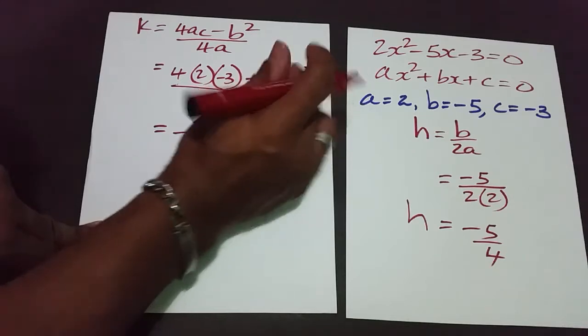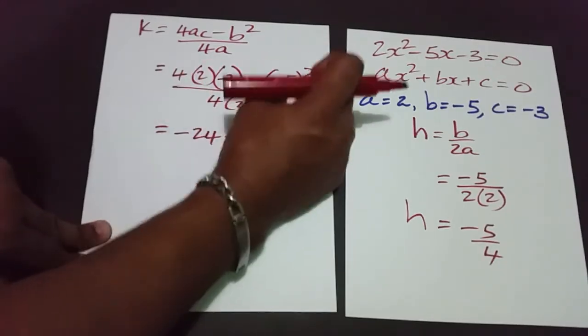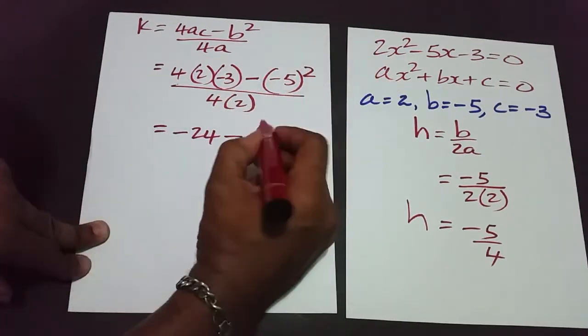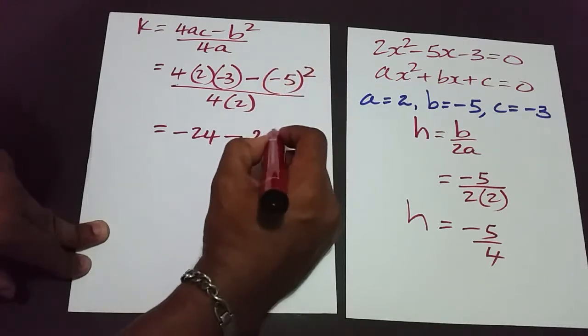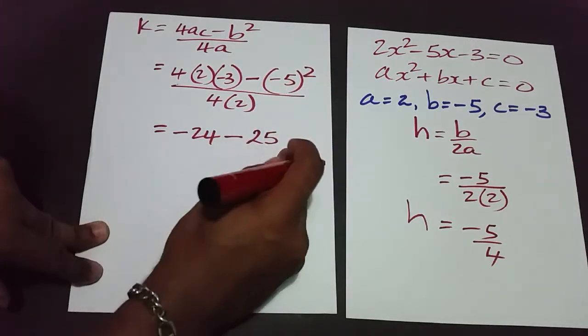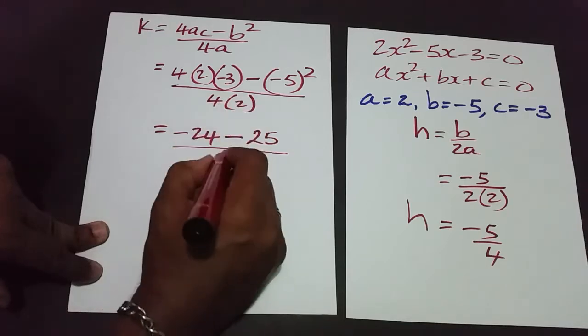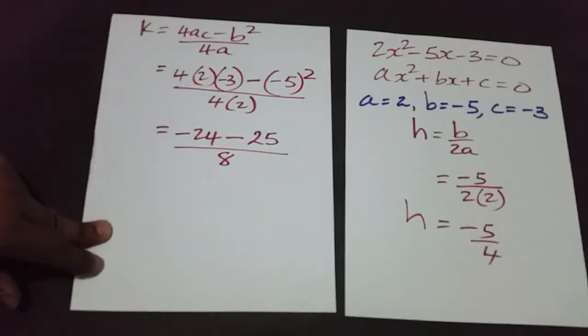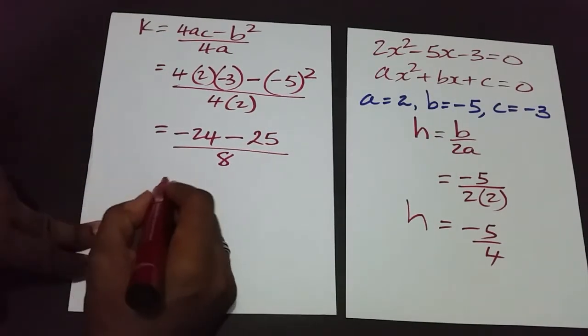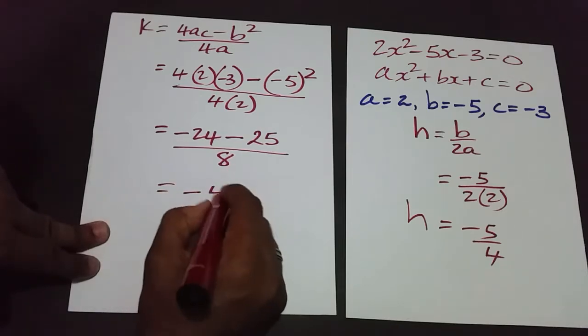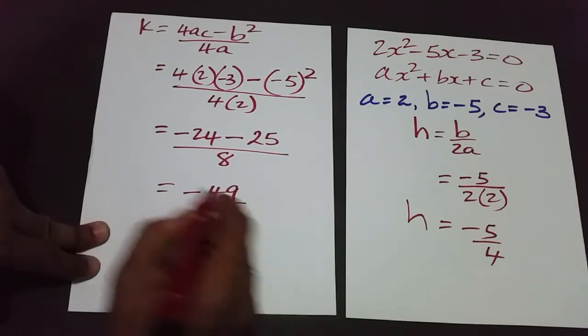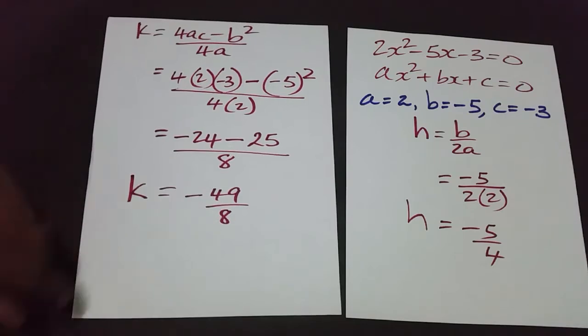So be careful here. You don't change the sign when you have to square first. So minus 5 all squared is 25, so it will be minus 25. And 4 times 2 is simply 8. So what we have here is −49/8. And that essentially is what the value of k is.